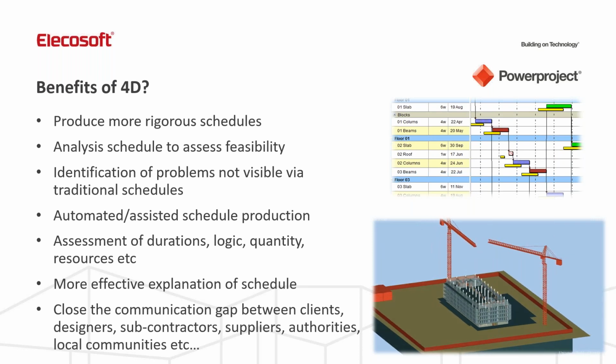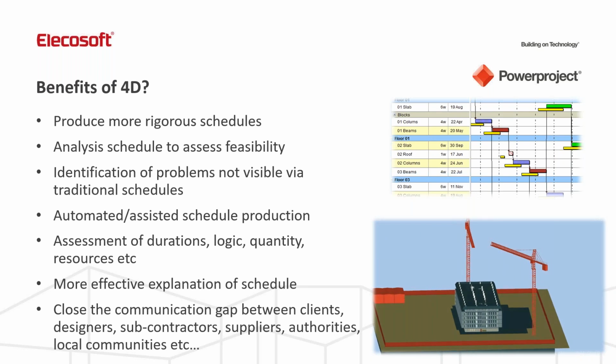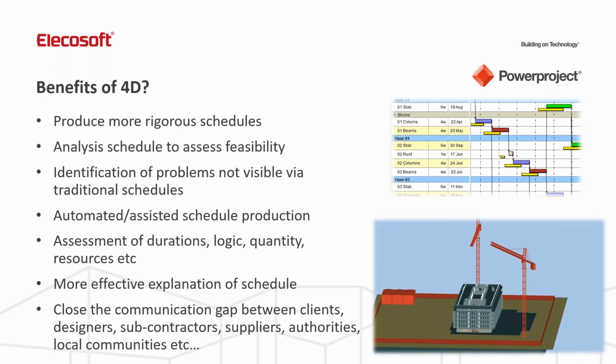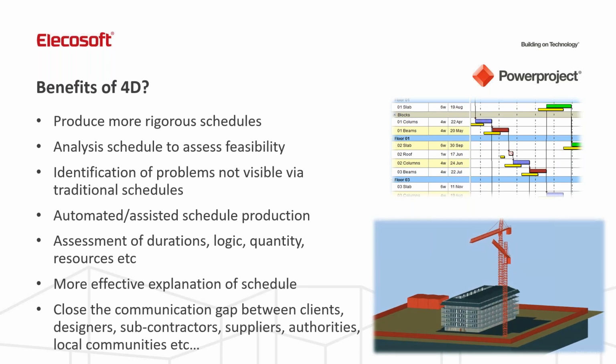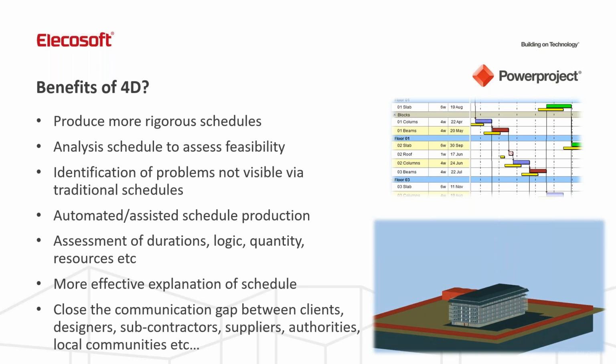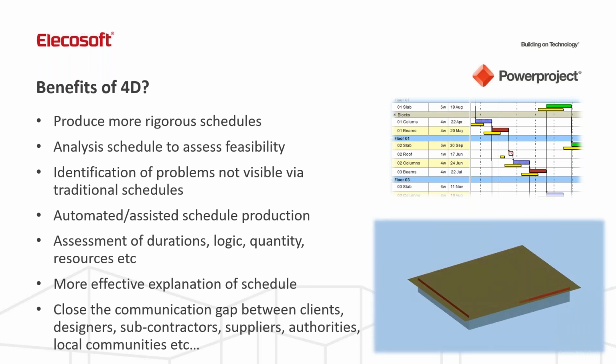And again, rather than having that in multiple spreadsheets or subsequent documents, by having that modeling data available to me, it can certainly speed up the process and can start actually to automate some of these schedule creation activities.